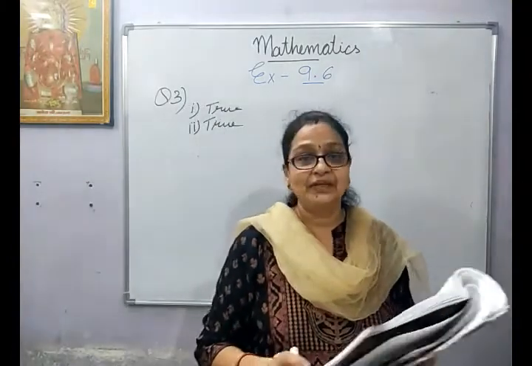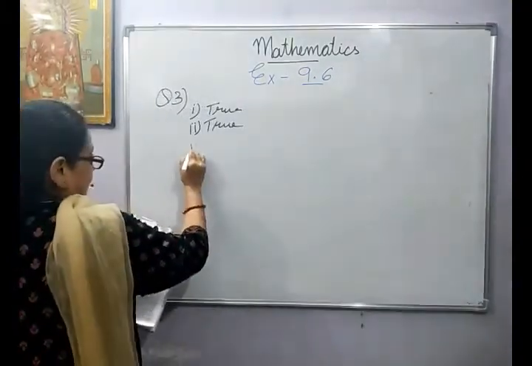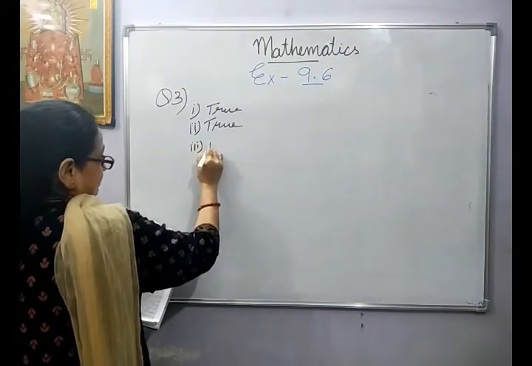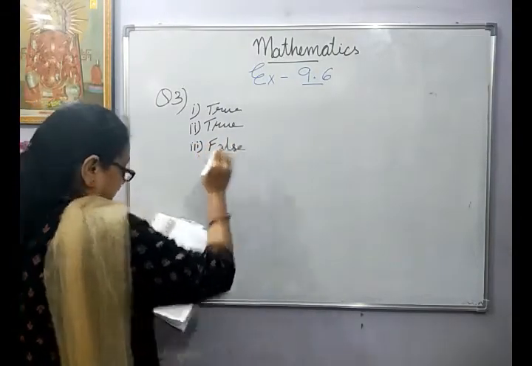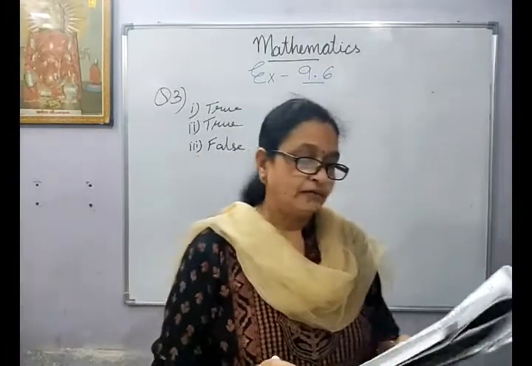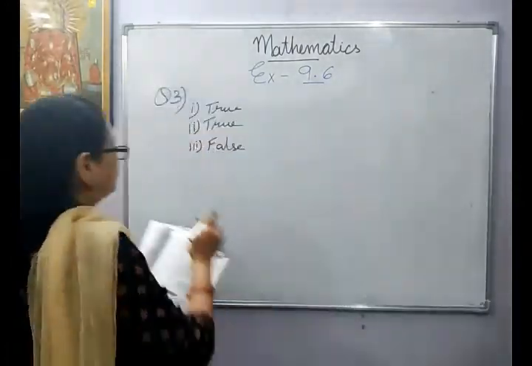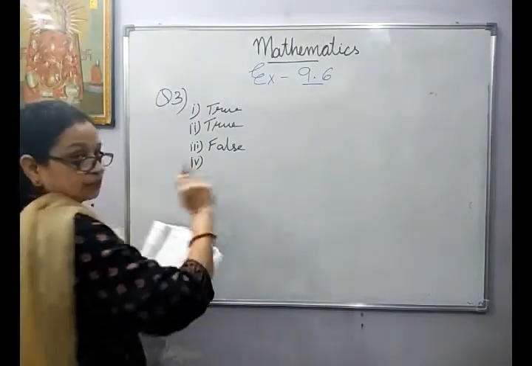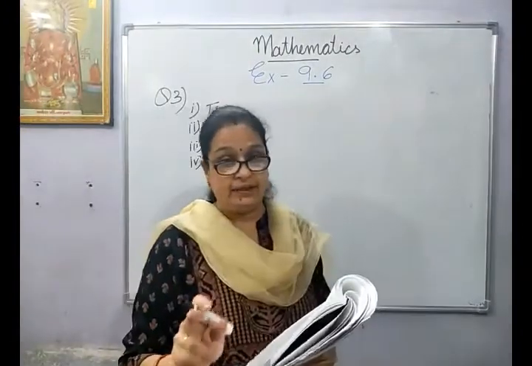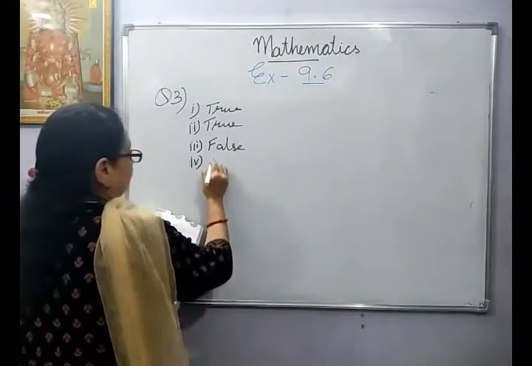It can't be possible, so it is false. Center will be in the center only. Every chord of the circle is also its diameter. It's false. Only the chord which passes through the center of the circle can be a diameter, no other is. So it will be false.